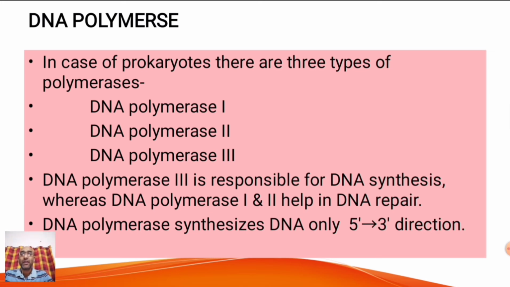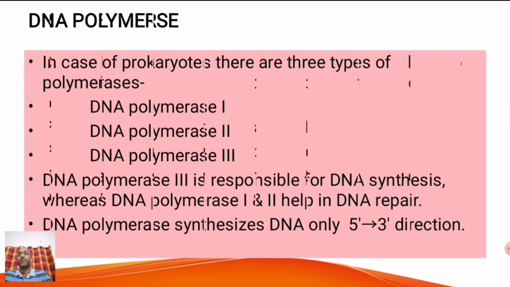DNA polymerase 1 and 2 are mostly concerned with DNA repair. Now, DNA polymerase 3, which helps in the synthesis of the new DNA strand, synthesizes DNA in a 5' to 3' direction. Remember it.